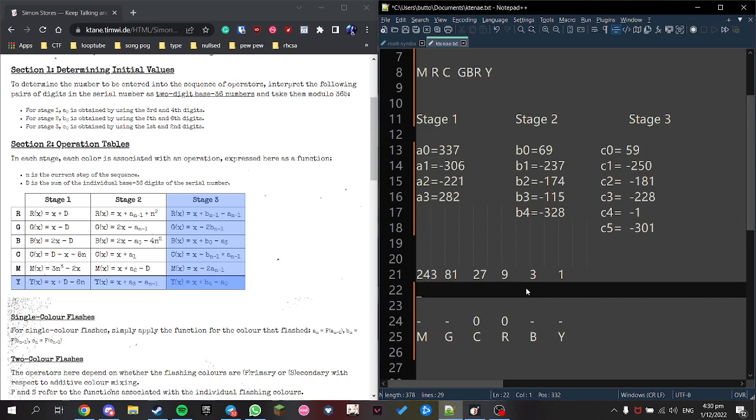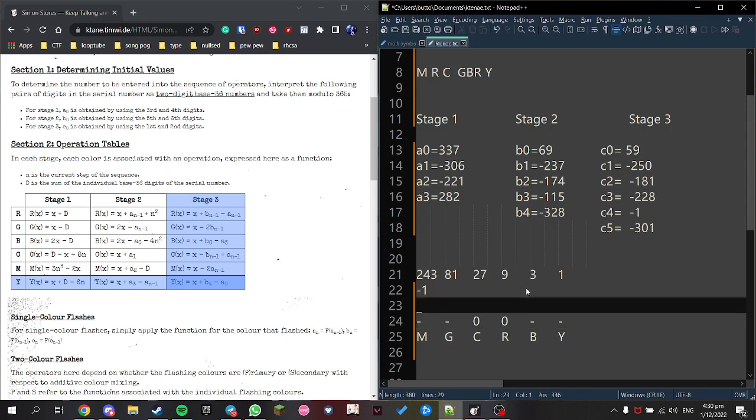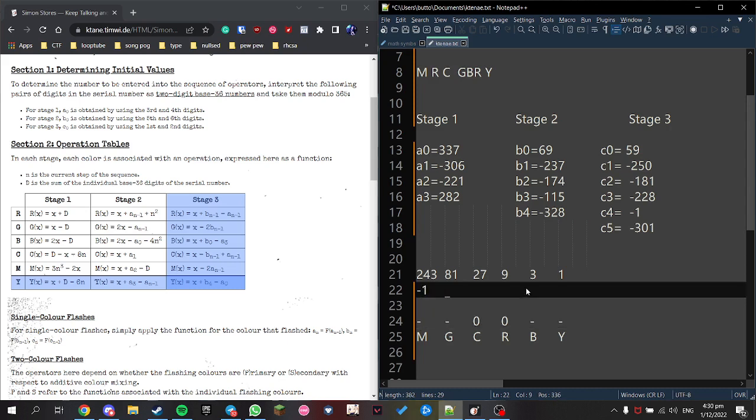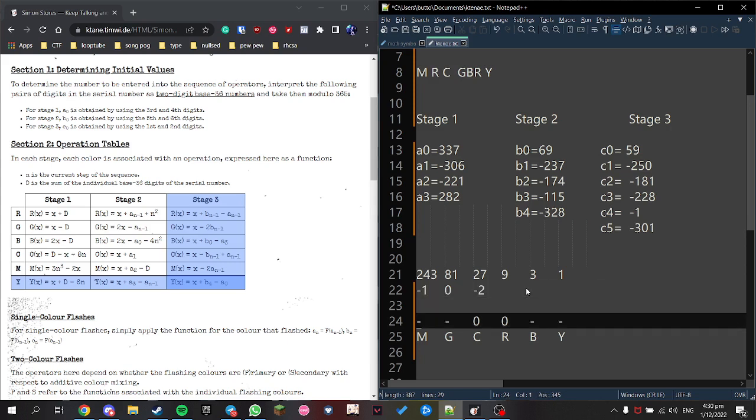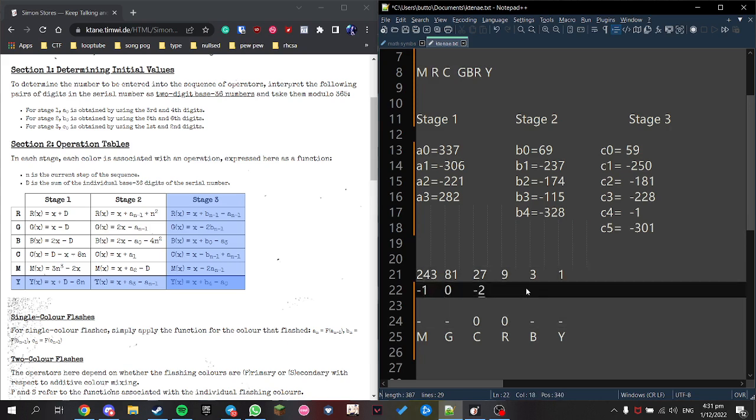So that's negative 1, 0. Okay, minus 27. That's not what I want. It will be minus 2. That'll be 0. That'll be 4. So that'll be 0 and then negative 1. 0, negative 1, negative 1.